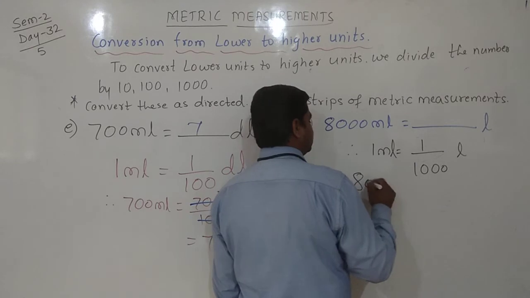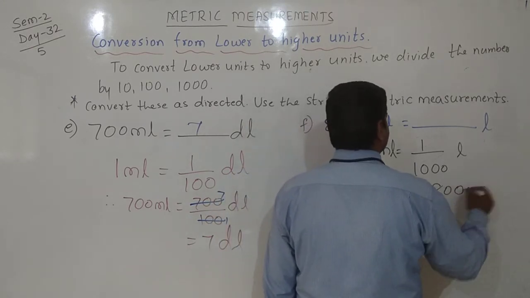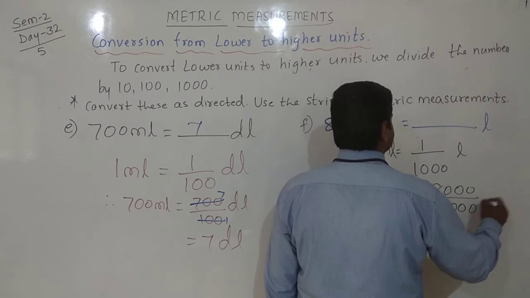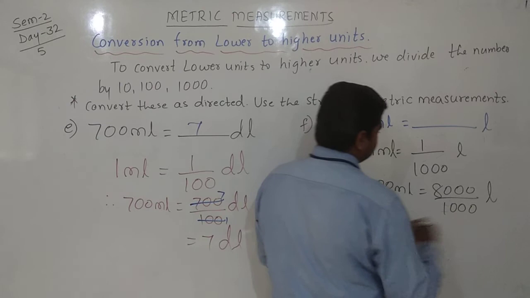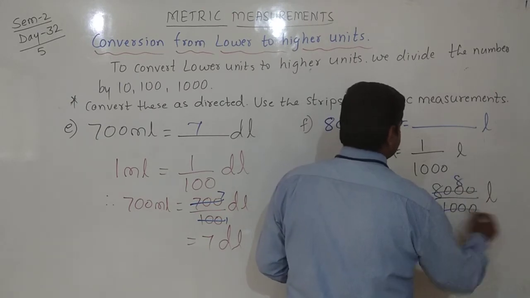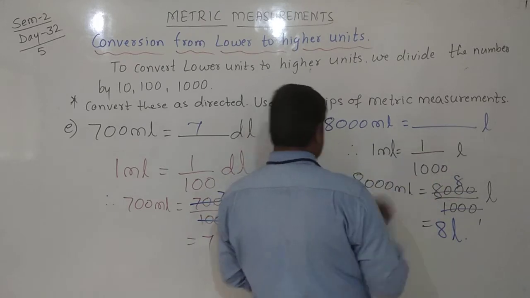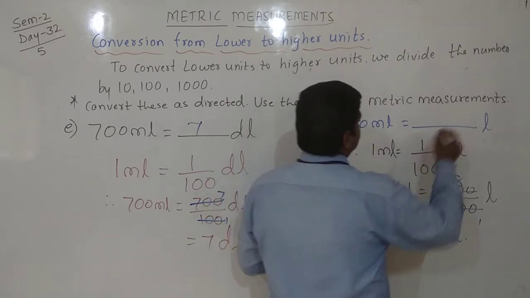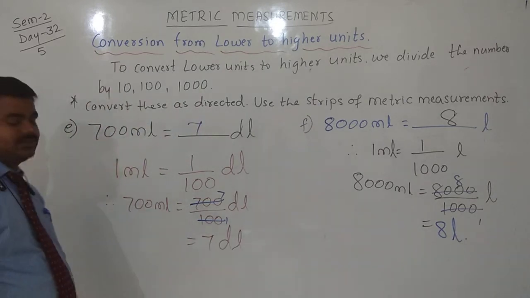Therefore 8000 milliliter is equals to 8000 by 1000 liter, that is 8 liters. 8 liter is the answer.